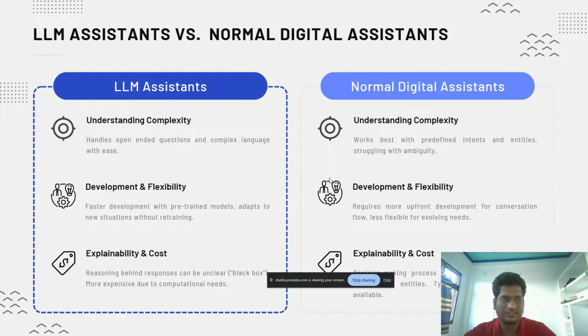So this is the difference between a normal digital assistant and an LLM assistant. Whether you're building a chatbot, you should know the basic differences between the two. If we compare LLM assistants with normal digital assistants, LLM chatbots excel at understanding human language with greater nuance and adaptability.